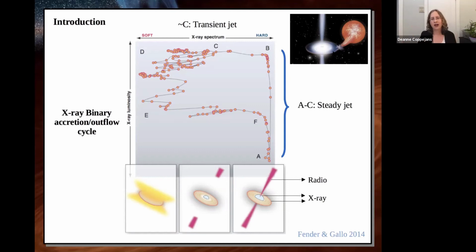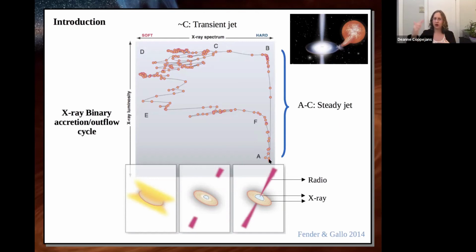If we look at this diagram called a Q diagram, where you have the X-ray luminosity on the y-axis and the X-ray hardness on the x-axis, we start with the system down in a low luminosity state. As it enters outburst and the luminosity and mass transfer rate increase, we move to point B, and it remains in this bright outburst state for a while, and then it decreases down to quiescence again.